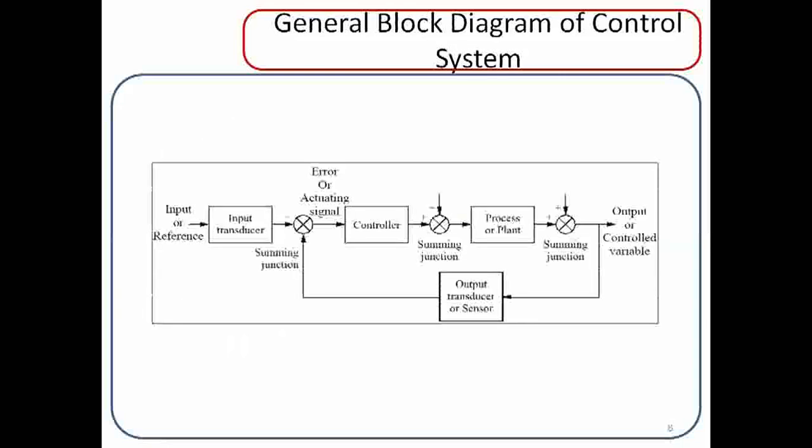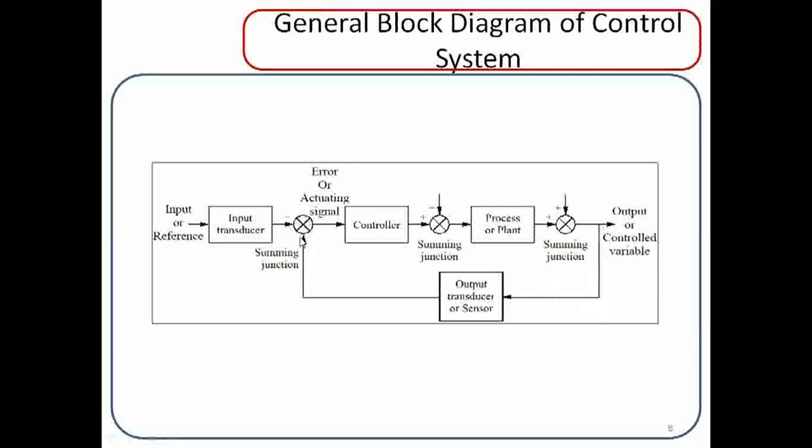So control system. The basic difference that you have already discussed here, and here it is called an output transducer or sensor. This is called a feedback loop, and by discarding this feedback loop from the output to the reference channel, this is called a reference channel.